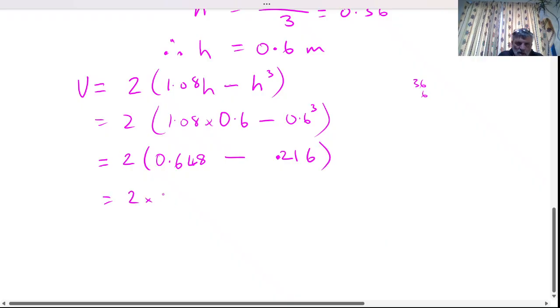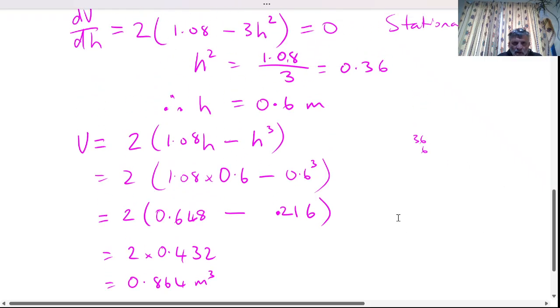So it's 2 times 0.432, which is 0.864 meters cubed. That's our volume.